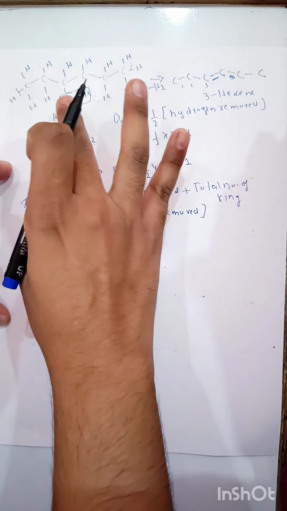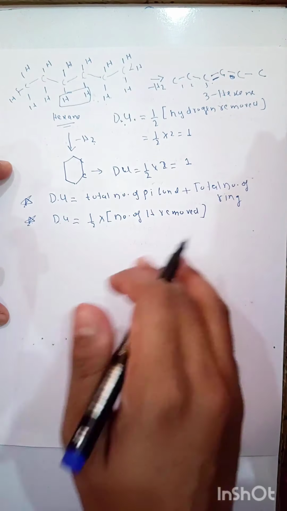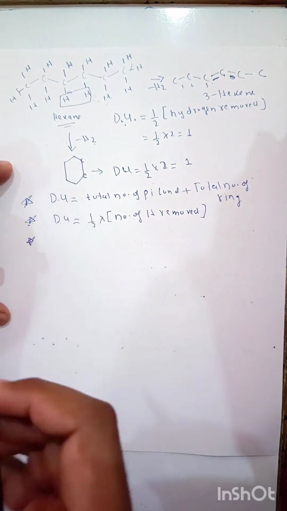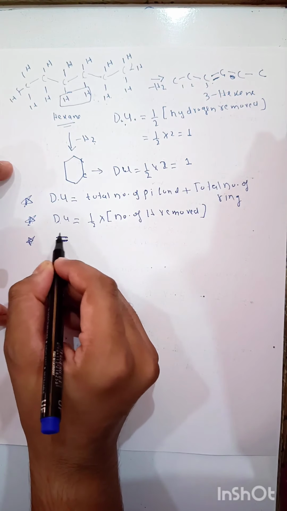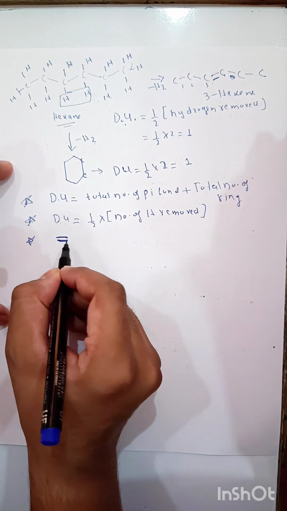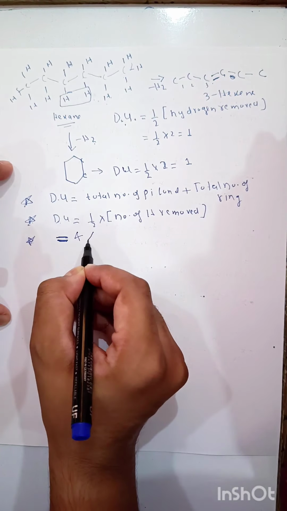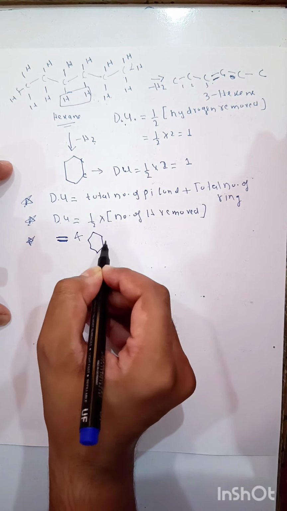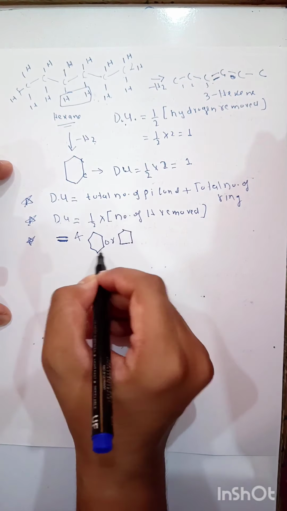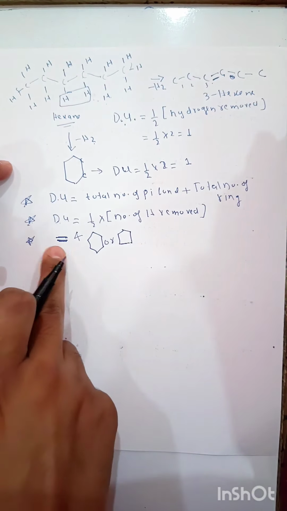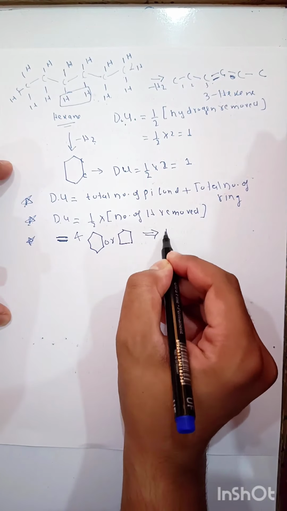Here we have removed 2H to reach this compound. Third, this is for an alkene actually: a double bond like this and a ring like this, for example a 6-membered ring like this, or it may be a 5-membered ring. No worries. One ring and one double bond have a DU of 1.